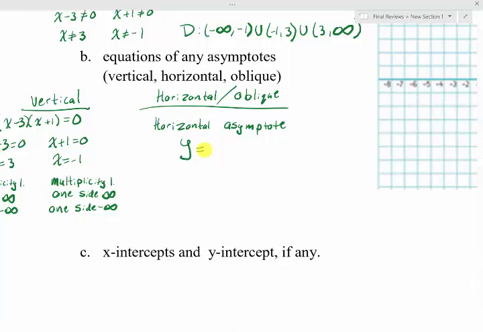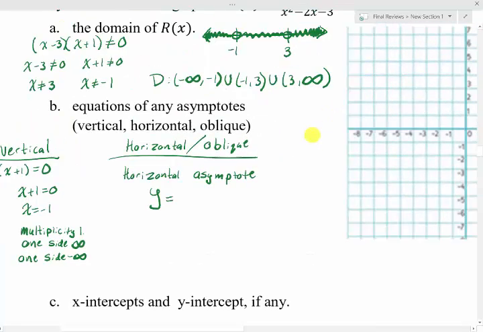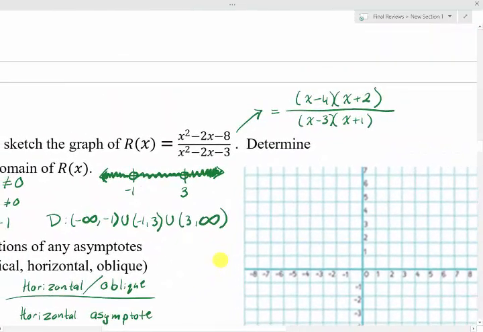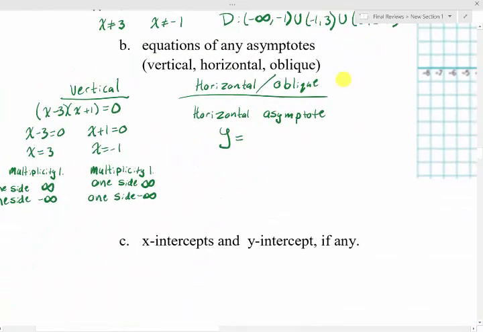So we're going to make a fraction out of our leading coefficients. Since we have the original function in factored form over here, I'm going to go back to the original. The leading coefficient for my numerator is 1, and the leading coefficient for our denominator will also be 1. So our asymptote will be 1 divided by 1, or y equals 1.